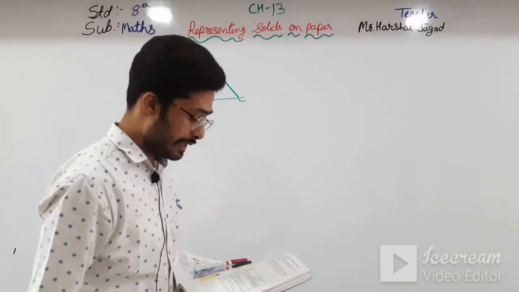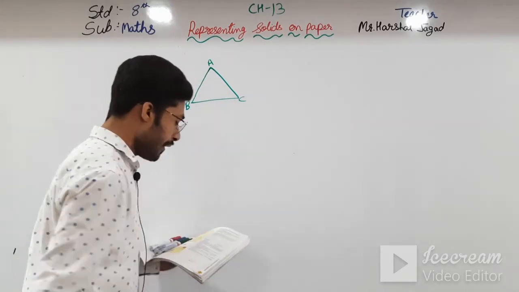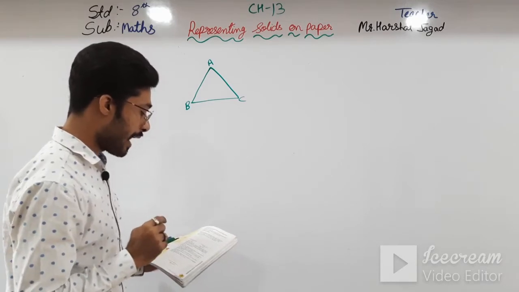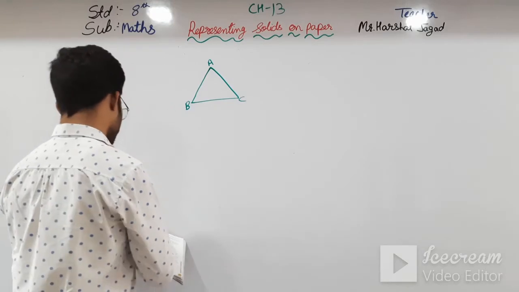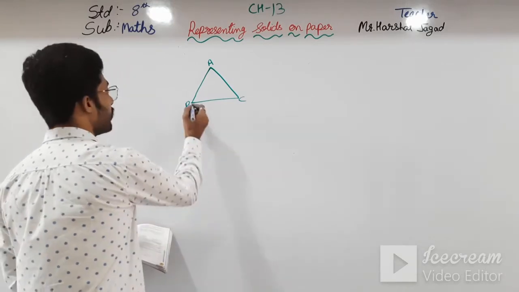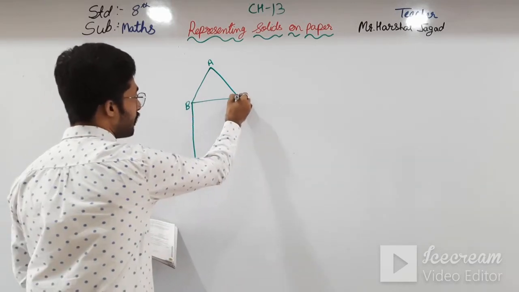From the base BC, draw perpendiculars from B and C as the required vertical length of the prism. So you have to draw a line as long as you want the length. Both must be the same.